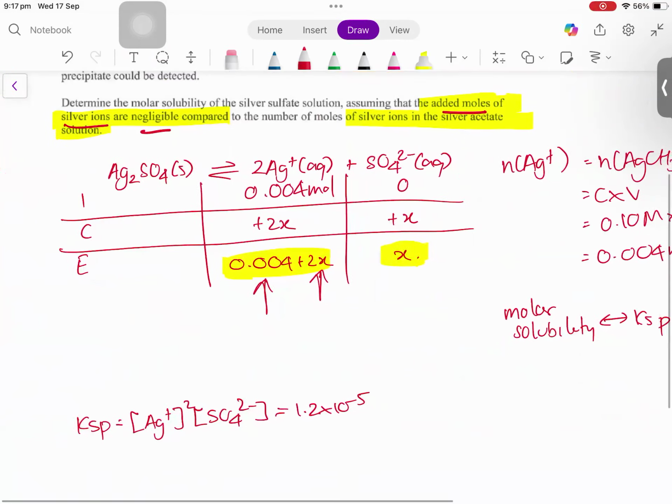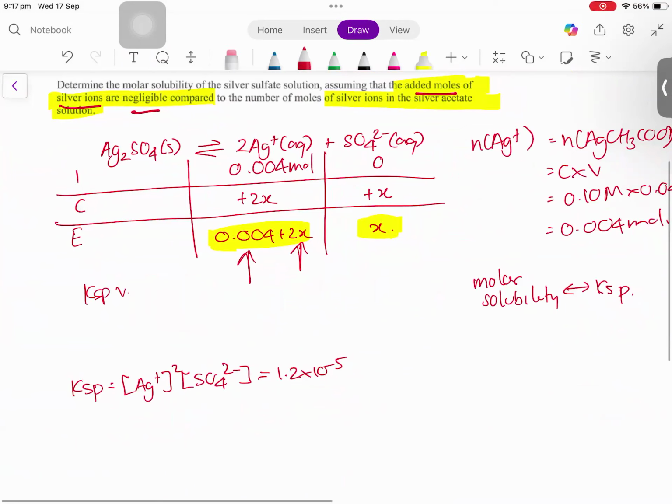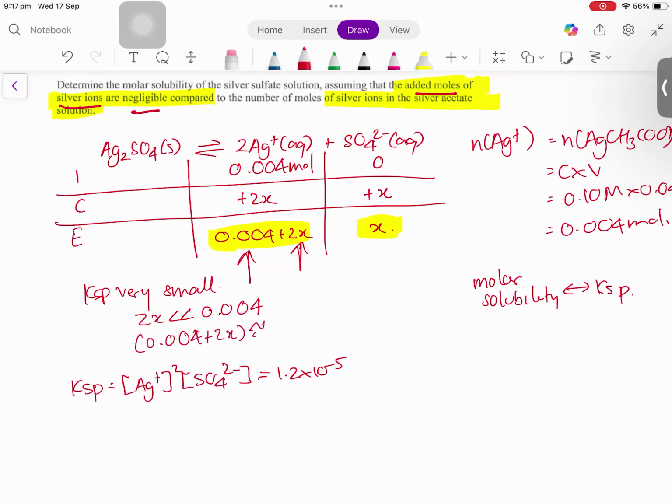So you're like, oh, Ksp is very small. Assume that any x with another number is way smaller than that other number. 2x is way smaller than 0.004. So therefore, 0.004 plus 2x is basically just, sorry, it's basically just 0.004. Okay, ignore the 2x part.